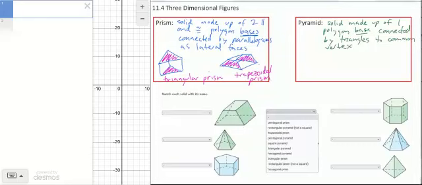So if we do kind of the same thing, so if we start with, let's say, a triangular base right here, so I'll shade it as the base, and we connect each of those points to one common vertex, here, here, and here. Okay, that is your pyramid. It's named by its base as well, so this is a triangular pyramid.